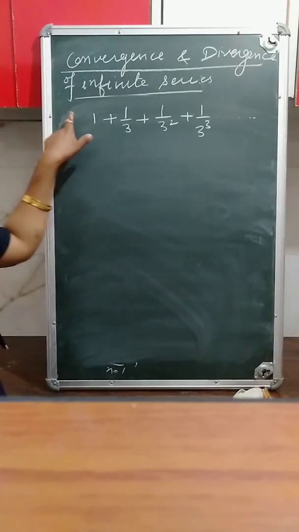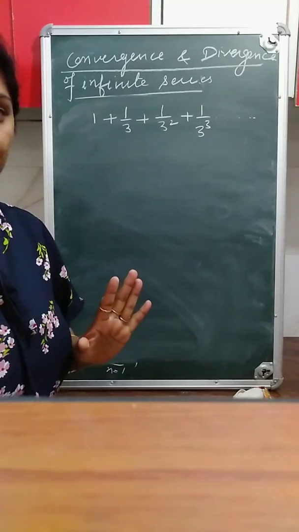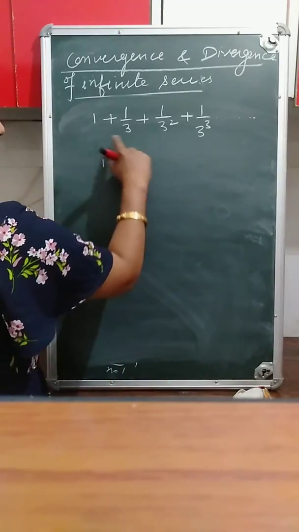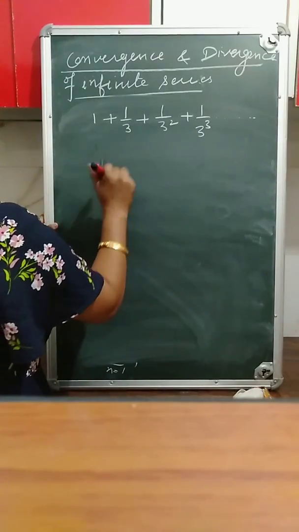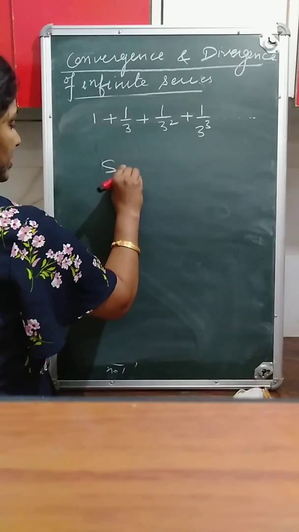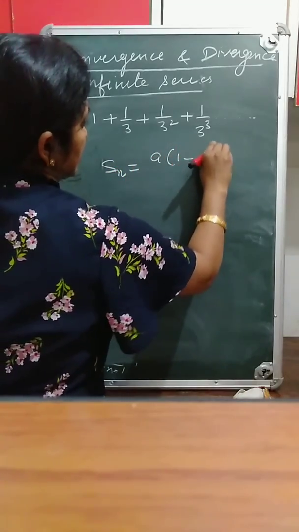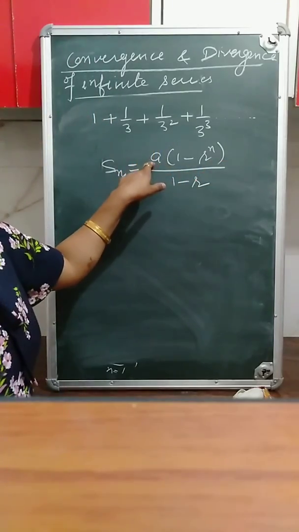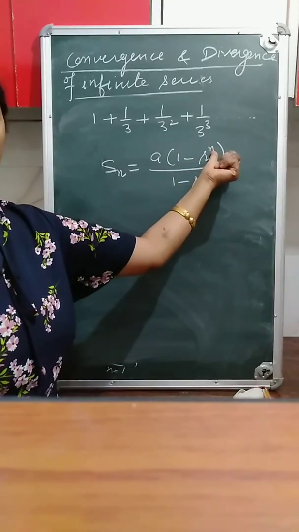Okay, it is very clear that this is a geometric progression, and you know that the sum of first n terms of a geometric progression is Sn is a into 1 minus r raised to the power n upon 1 minus r, where a is the first term, r is the common ratio, and n is the number of terms.